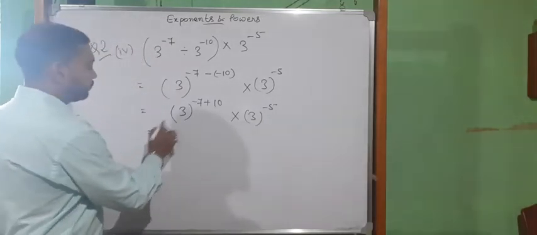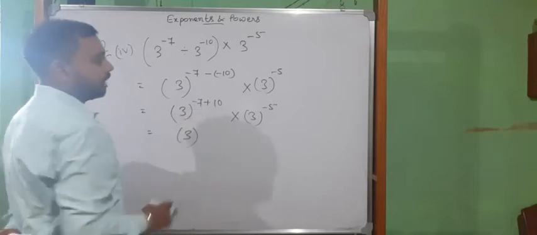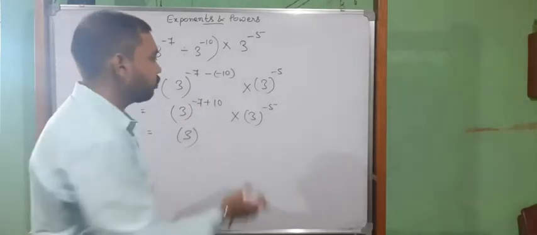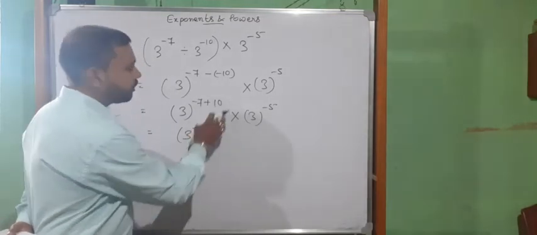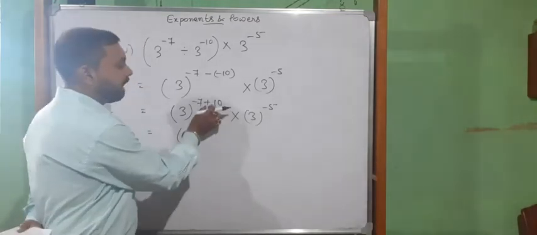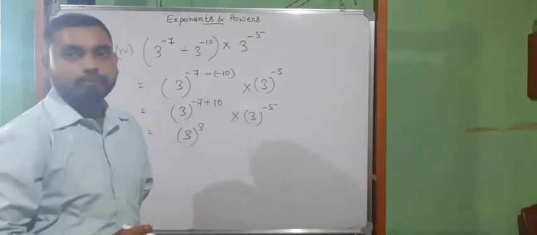Now minus 7 plus 10, so minus plus it is minus, so 10 minus 7 it is 3. Since 10 is greater and plus sign is associated with 10, therefore we will write plus 3. The power will be plus 3.